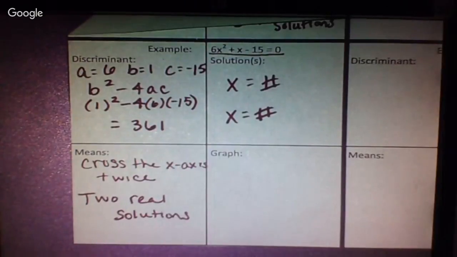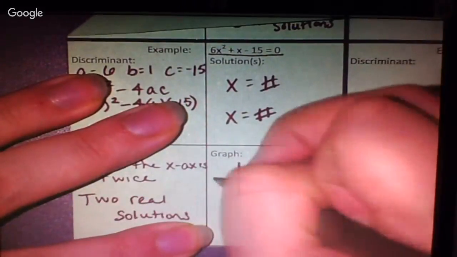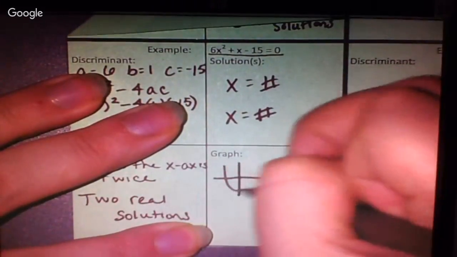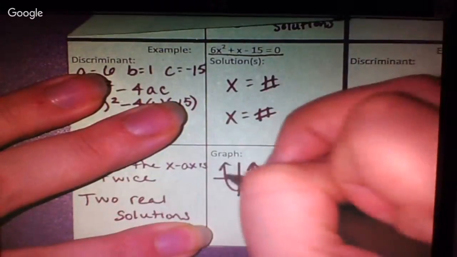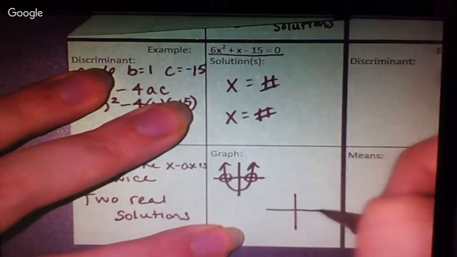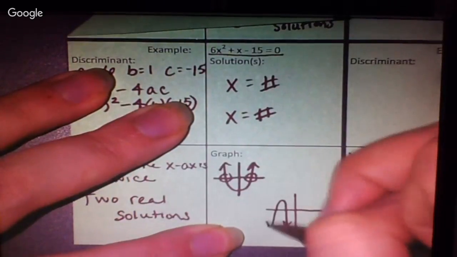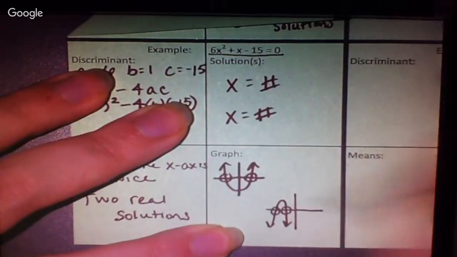Okay. So if you go to graph this, you could have 2 types of graphs. You can have one that looks like this, where it crosses here and here. Or you can have one that's upside down and crosses. Just on one side, though? It doesn't matter.